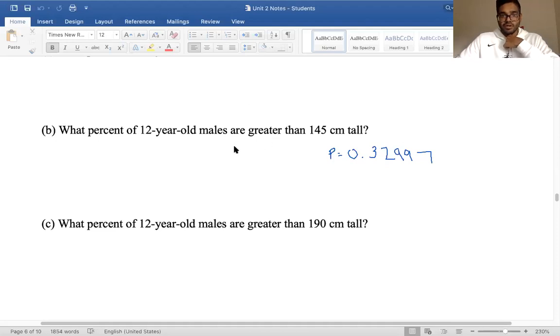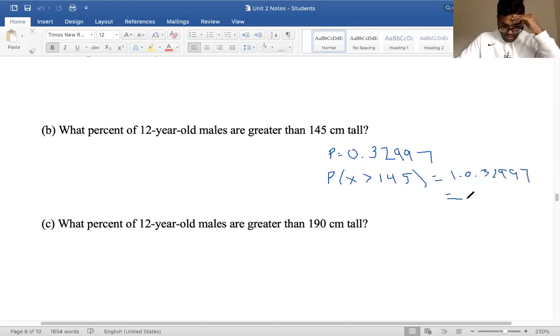I'm going to take this number and subtract it from 1. So to find this actual probability, you go 1 minus. Find the probability that x is greater than 145, we go 1 minus 0.32997. And that equals 0.67. I rounded my answer.